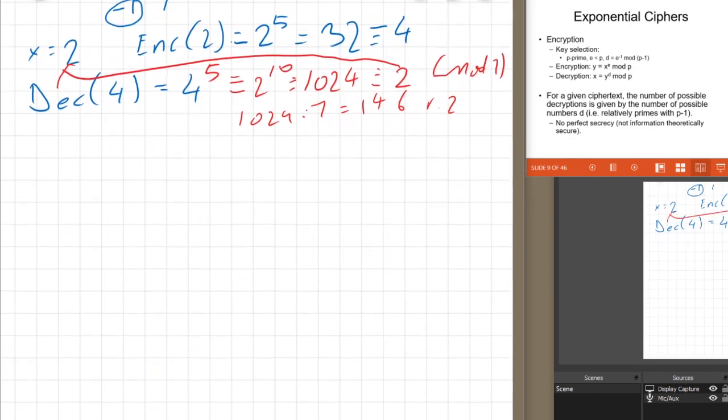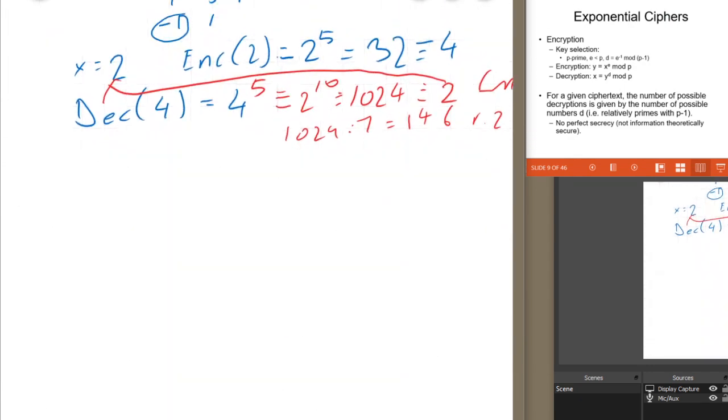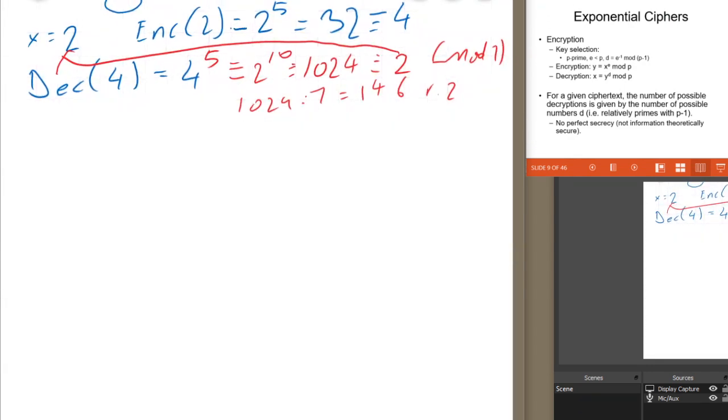What we can note over here is that this kind of cryptosystem does not give us perfect secrecy. In particular, not all possible messages correspond to the ciphertext.